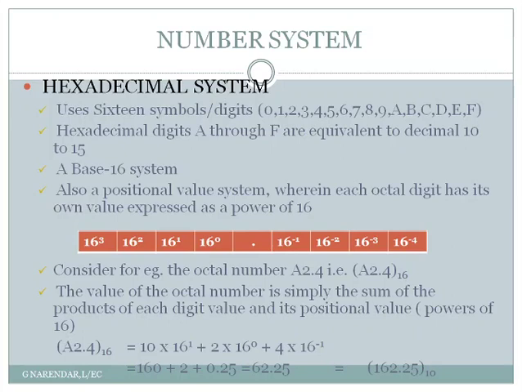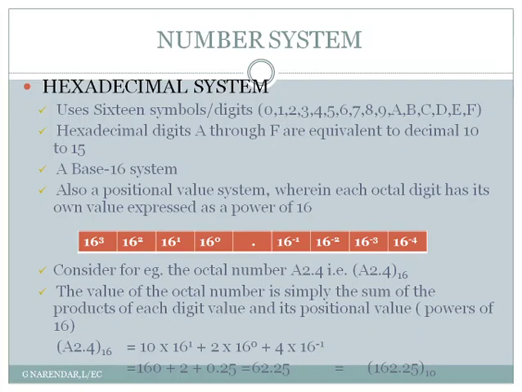So summarizing this slide, here we have been introduced to the hexadecimal system. We said that this system has only 16 digits, starting from 0 to F. The first 10 digits are 0 to 9, and the next 6 digits are the English capital letters A to F. So 16 symbols are there, so it is called a base 16 system.